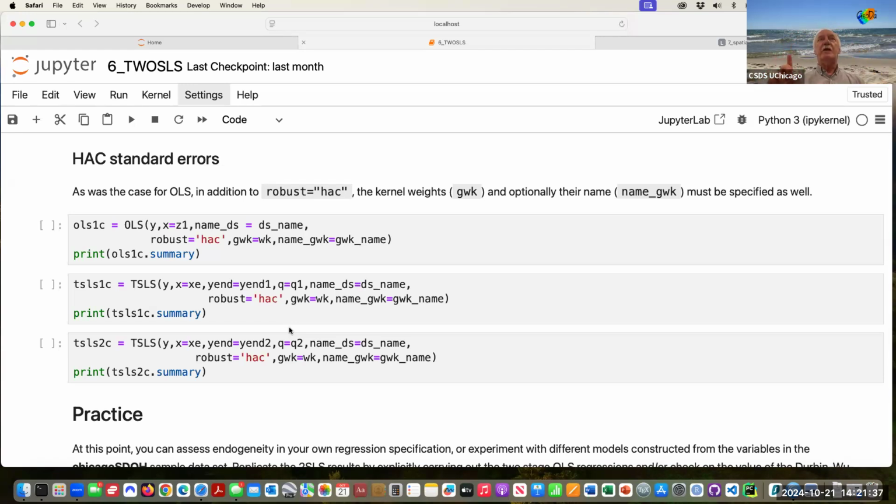Now, remember what we said the other day, the difference between an autoregressive and a moving average process, one was global, the other one was local. A kernel function, because there's a bandwidth and it stops beyond the bandwidth, is local spatial autocorrelation. So if your process is truly one of global correlation, then cutting it off at a bandwidth may not be such a great idea. Okay, that's something to keep in mind.